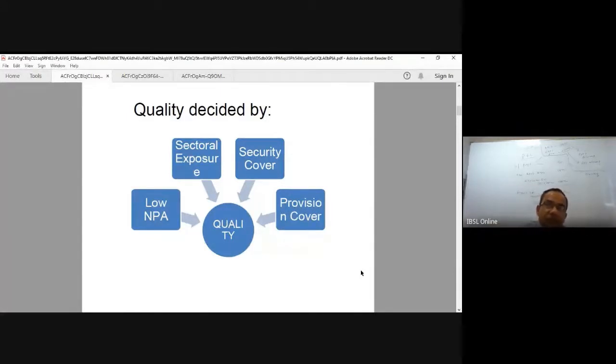When you look at the provision cover and the realizable security, almost the non-performing portfolio is covered. So the institution is solid, right? Provision cover is one of the important criteria looked at by the stakeholders.